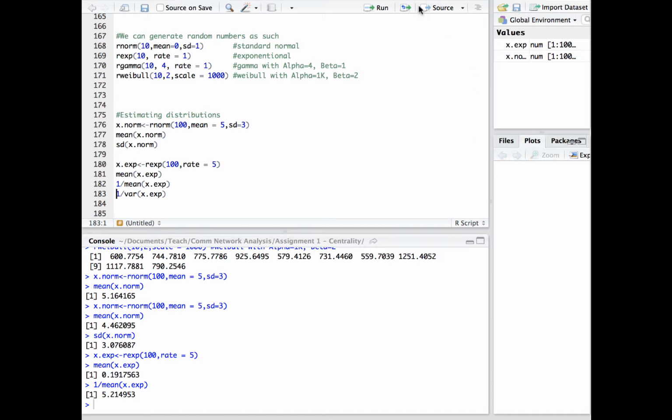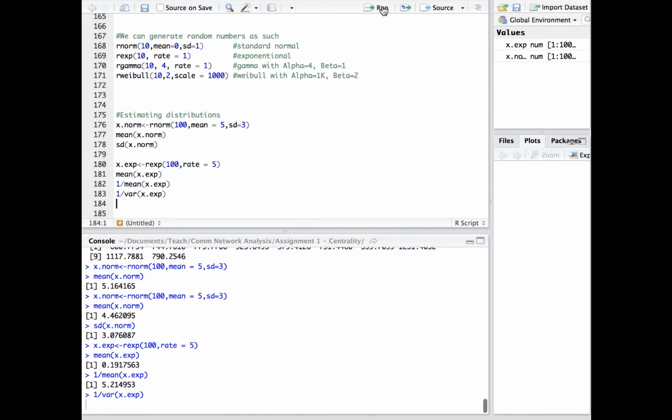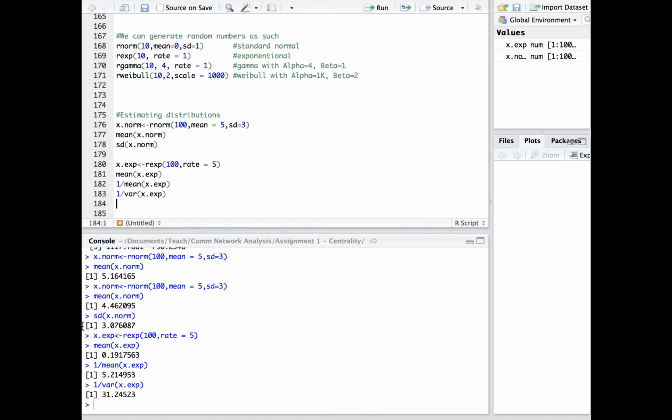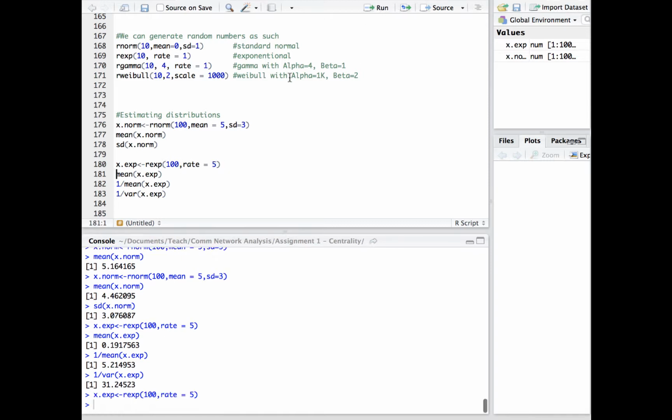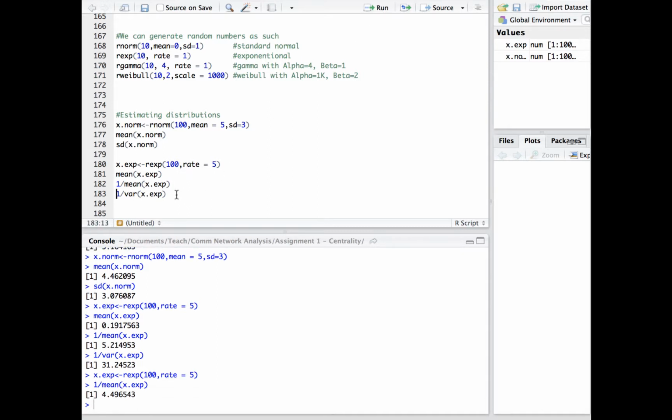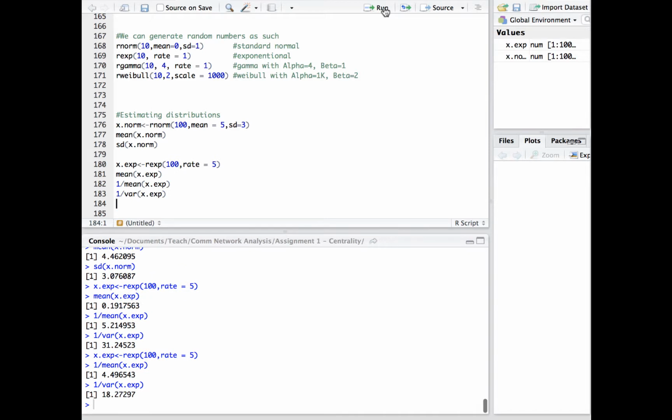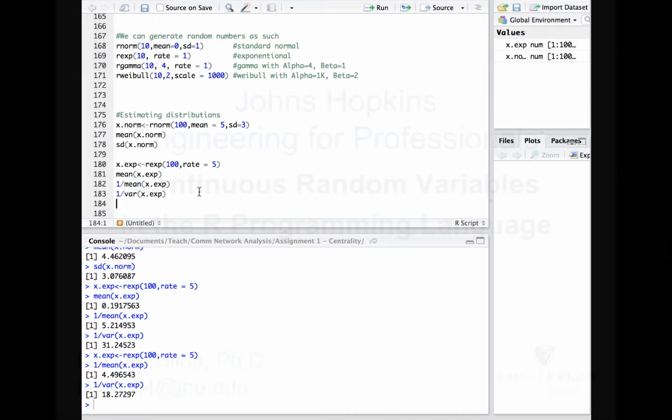And then 1 over the variance should be roughly 25, because it should be lambda squared. If we run that, we're a little bit further off, but if we were to run this again as an example, and let me see what our parameters are, you can see that, again, these are rough approximations to estimate those parameters.